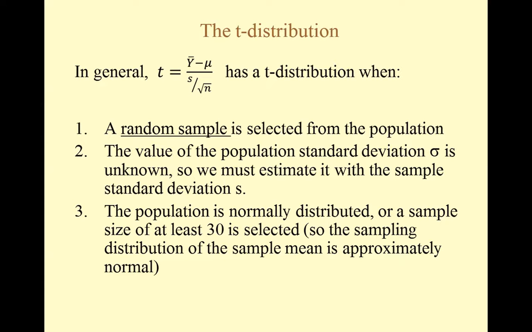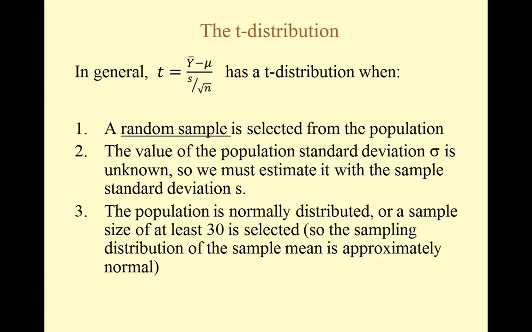In general, the test statistic or the t-score formula, y bar minus mu, that's the sample mean minus the population mean, divided by the sample standard deviation divided by the square root of n, is going to have a t-distribution when a random sample is selected from the population.